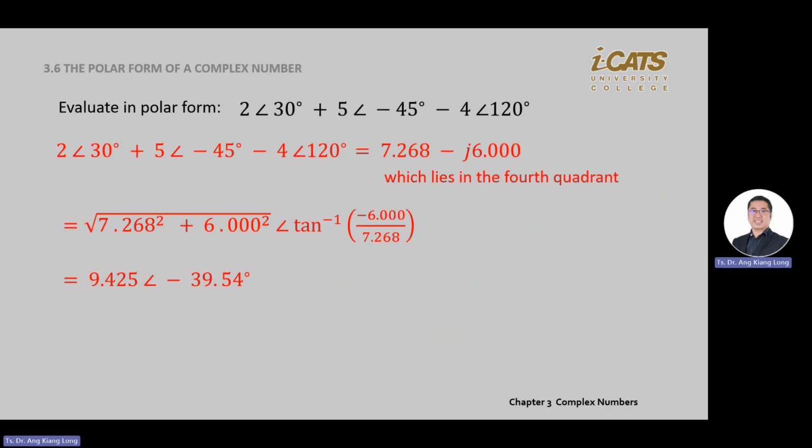Meaning, if it is a plus or minus in polar form, you convert into Cartesian, do the Cartesian steps, and convert back to polar form.